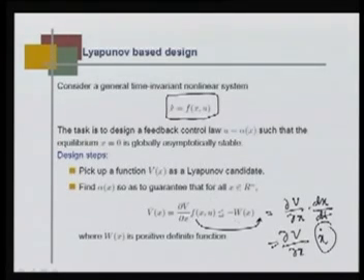If this is always less than some negative definite function w x, then the system is Lyapunov stable.